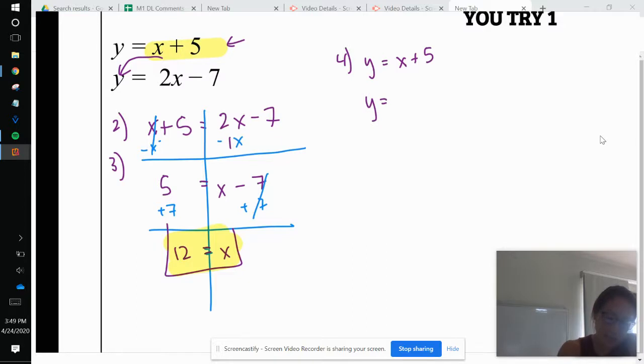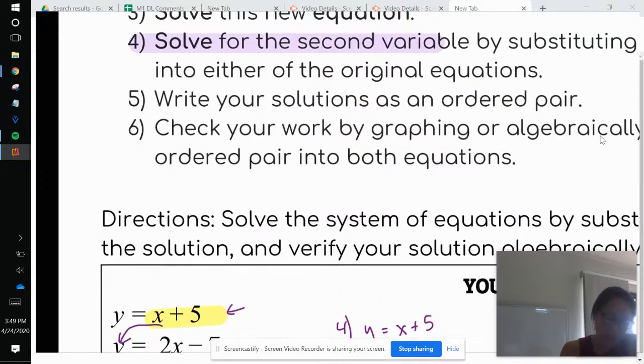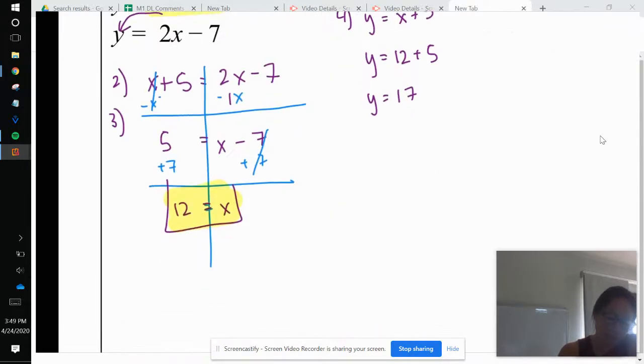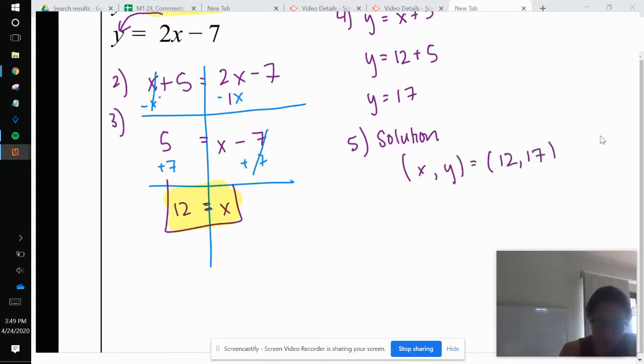So y is equal to 12 plus 5, so y is equal to 17. And then we're going to write our solution as an ordered pair for step 5. So the solution is x comma y, which we can replace with 12 comma 17.